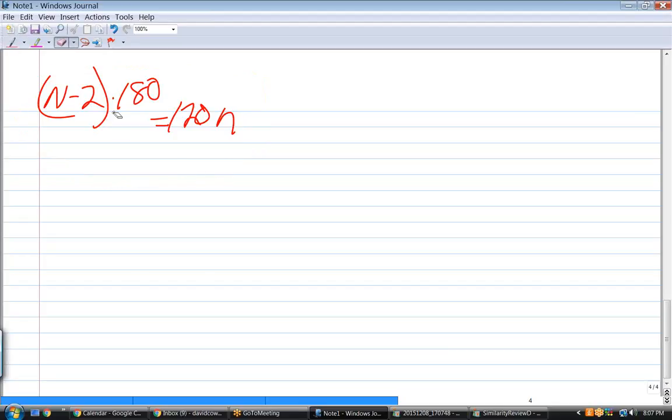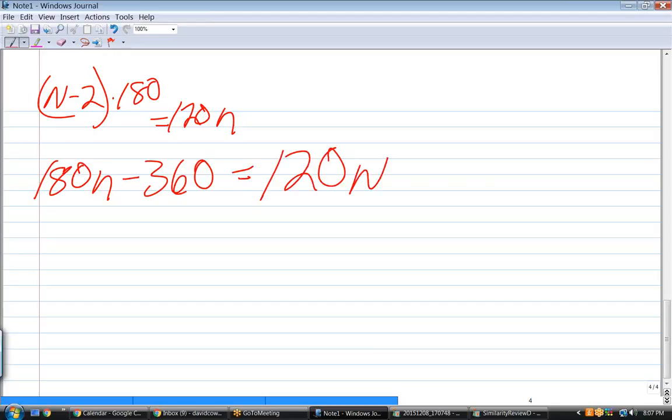Okay? Well, I can't do that by dividing by 180. Because I have an n on the right side, whereas last time we had this problem, we just had a number over here, a big number, number 14,000 something. The fact that we have n over there, we do need to distribute this. In other words, the way to solve this is to take this step, and you'll see why.